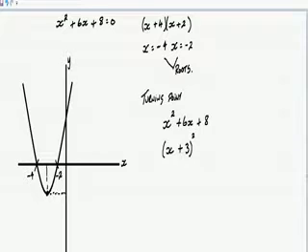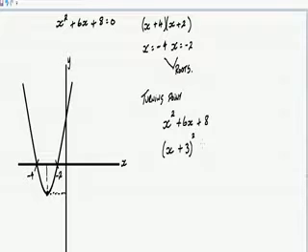Hopefully you know that if you complete the square, all we need to know is what adjustment we need to make to this to get us back to this equation. So if I square 3, I get 9.